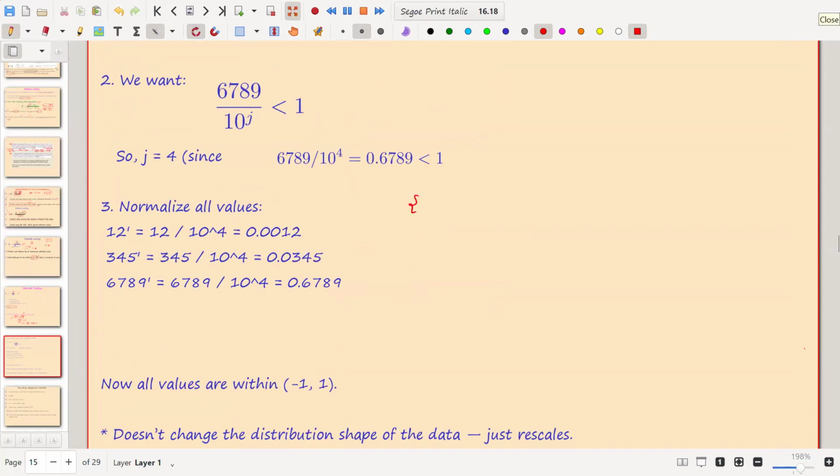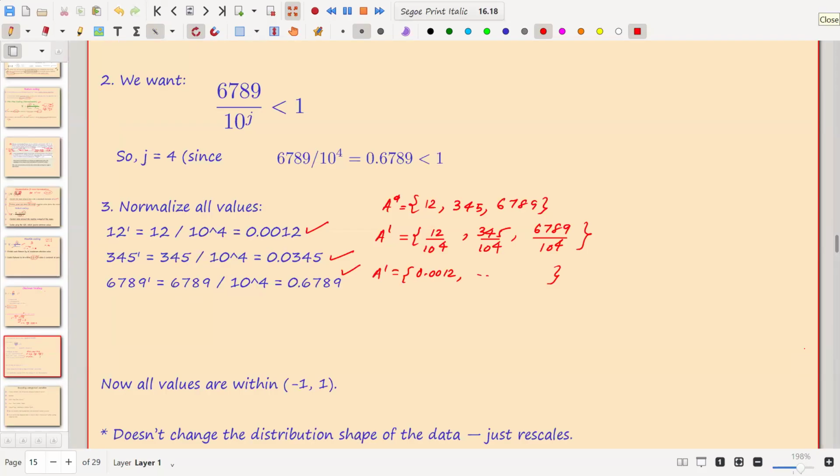Your data set A consisted of 12, 345, 6789. Then the transformed data set via decimal scaling will be 12 by 10 to the power 4, 345 by 10 to the power 4, and 6789 divided by 10 to the power 4. So this will come in decimals, like you can see 0.0012, as written over here.